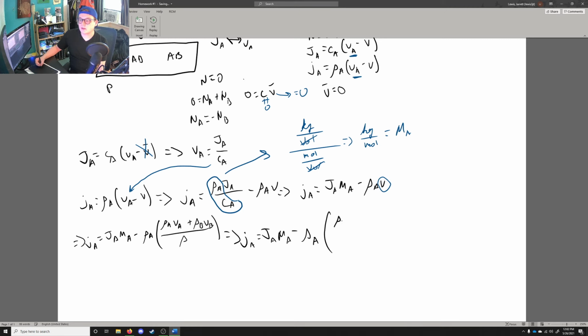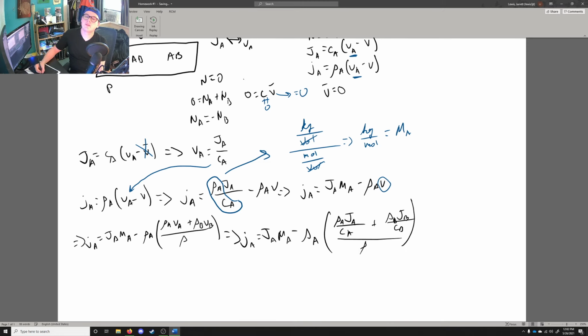The mass concentration of A times the molar diffusive flux divided by the molar concentration, plus the mass concentration of B times the molar diffusive flux of B divided by the molar concentration of B. All of that is divided by the mass concentration.